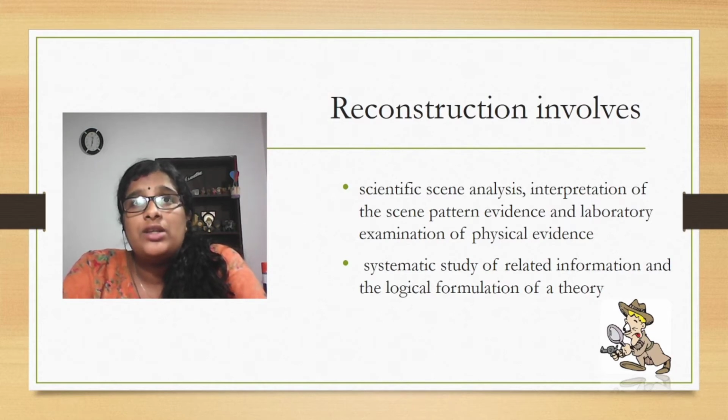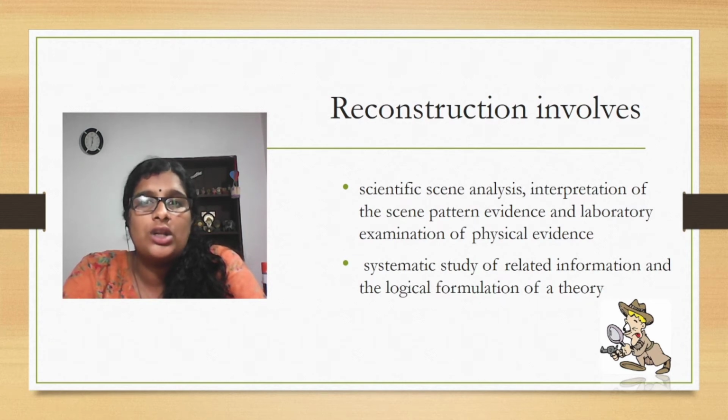From the physical evidence, the officer may get some clues to link missing elements when reconstructing the crime scene. So from the physical evidence collected from the scene of crime, he can easily resolve the missed links.